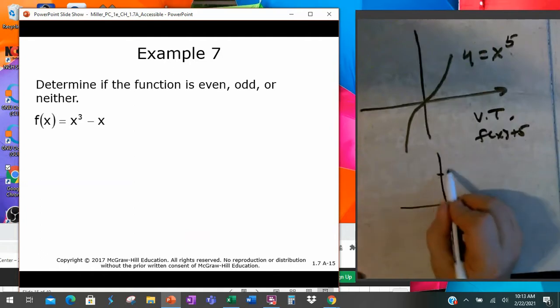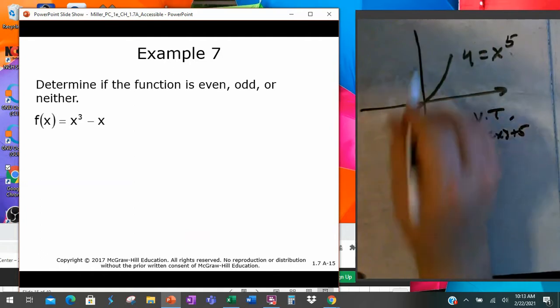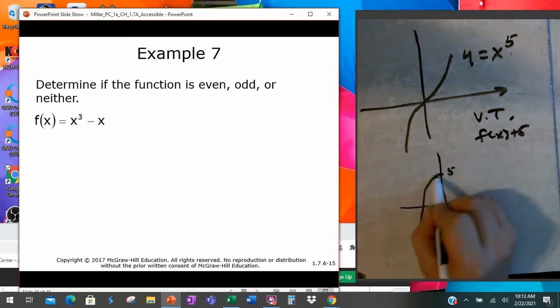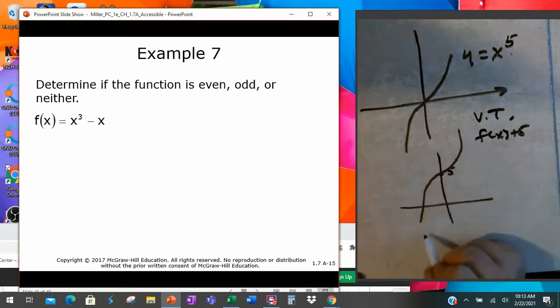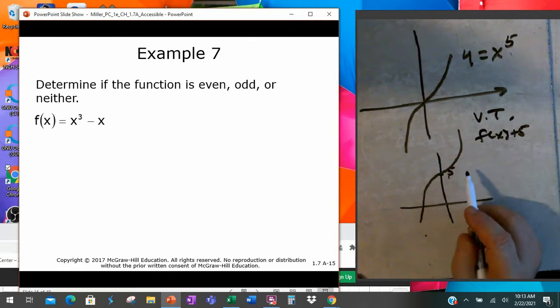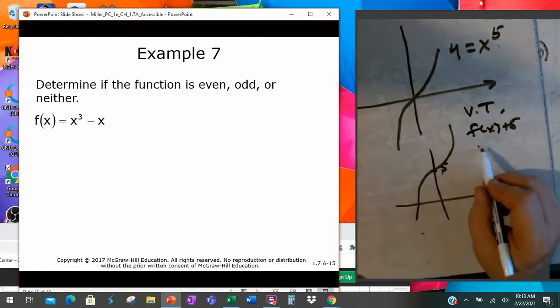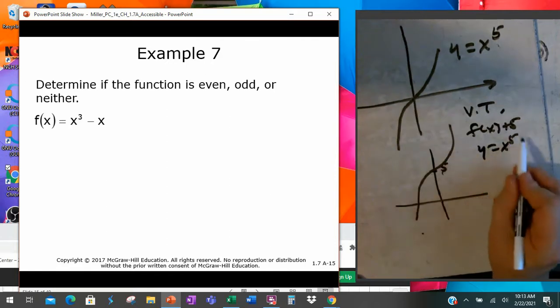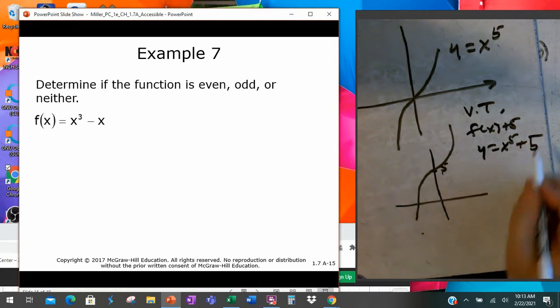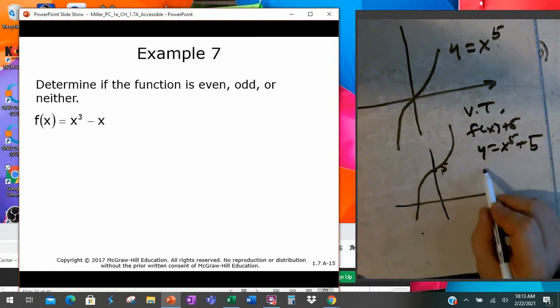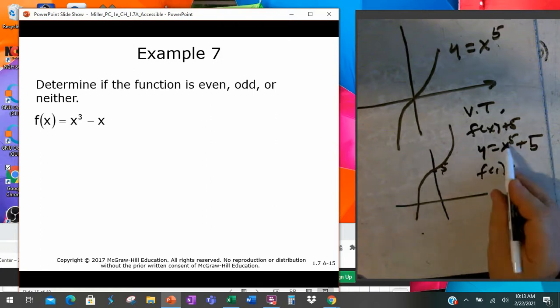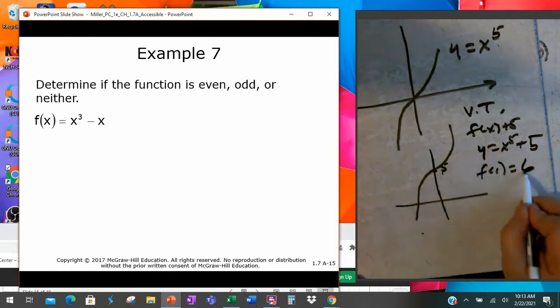This would be my 0 point, which would go up to 5. So this would look something like this. This is no longer symmetric with respect to the origin. So if y is equal to x to the 5th plus 5, f of 1 would be 1 to the 5th, 1 plus 5 is 6.